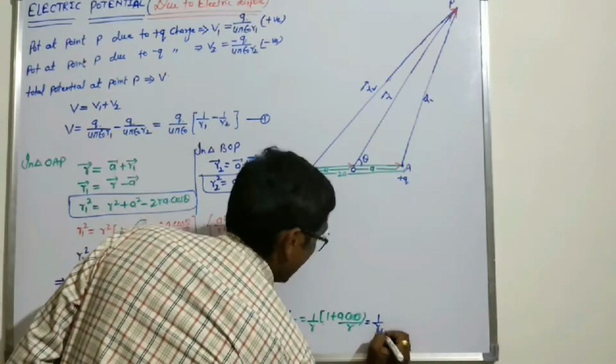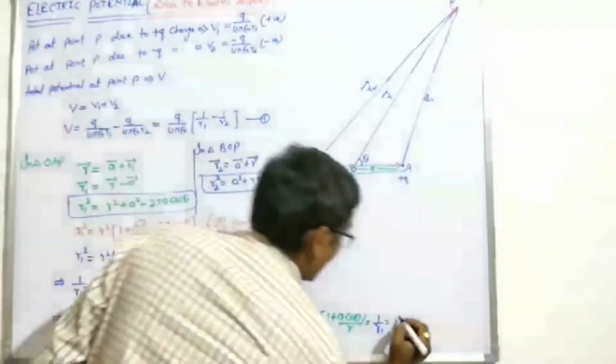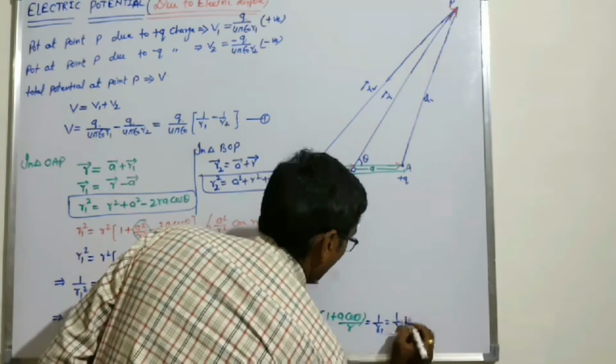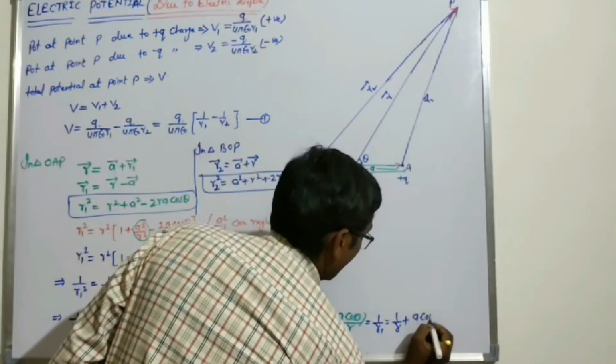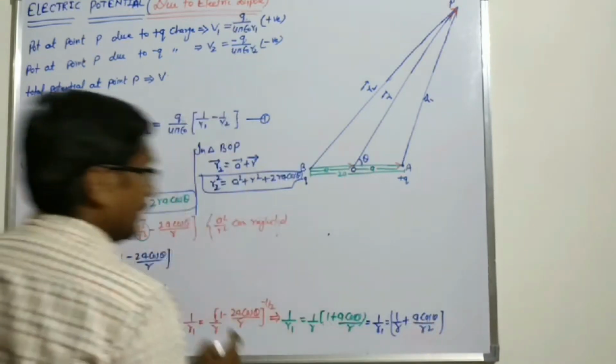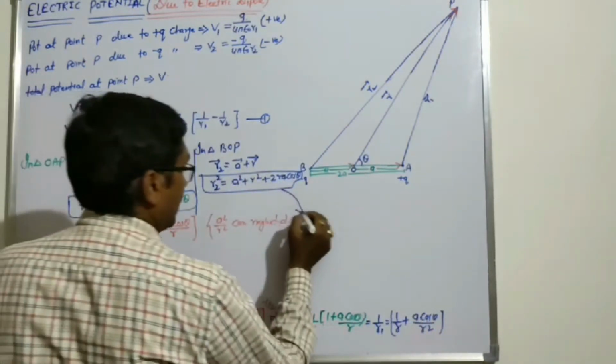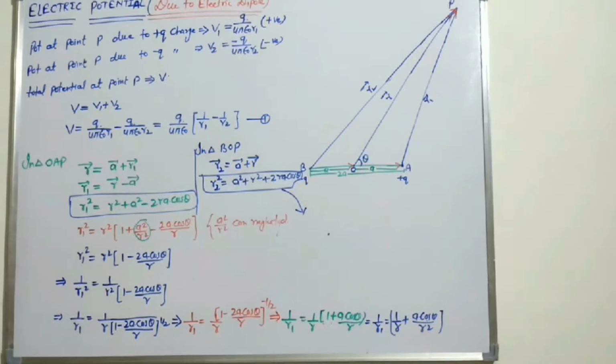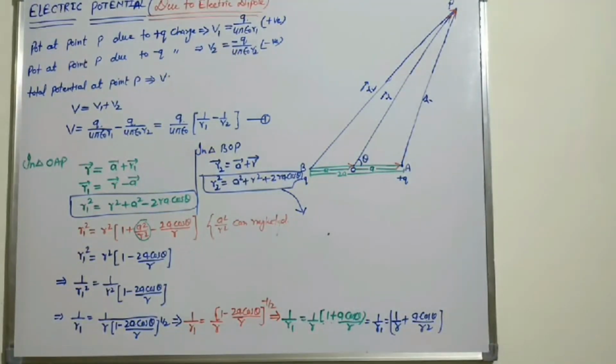1 by R1 equals 1 upon R plus A cos theta upon R square. Okay, then after solving this step we get 1 upon R2.